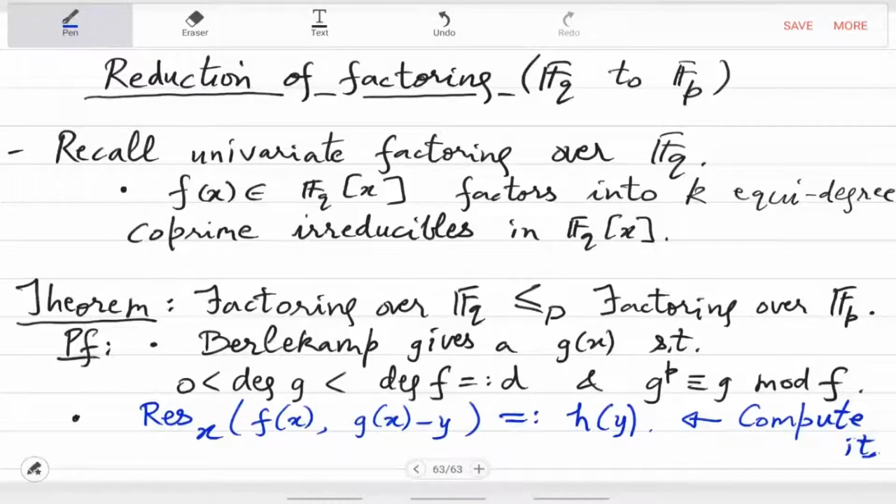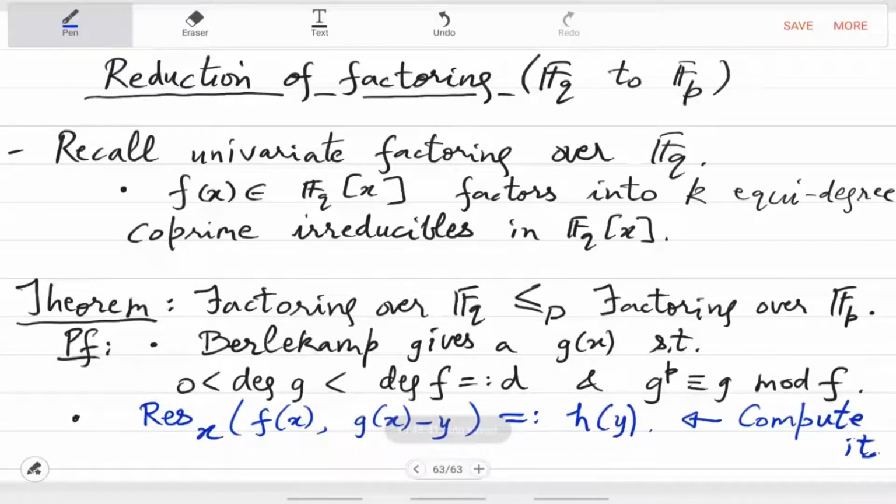Now what is the connection of this with factors of f? In the context of the Berlekamp algorithm, you know that some number y would have worked and given a non-trivial GCD, let us say alpha.